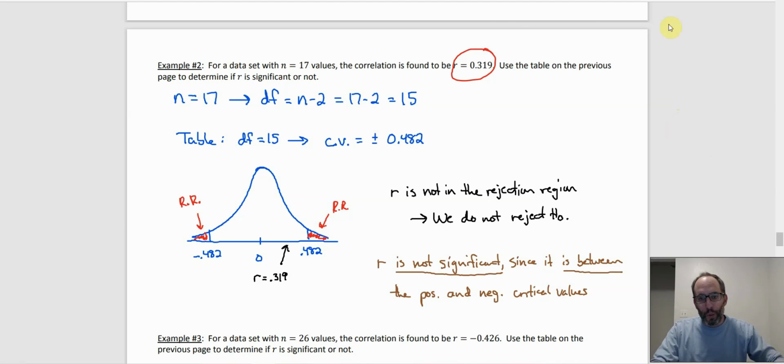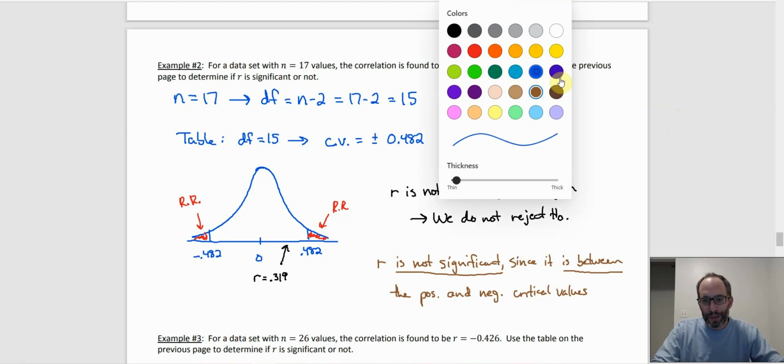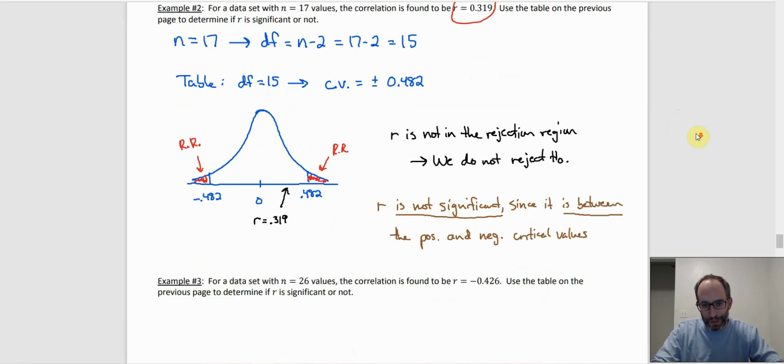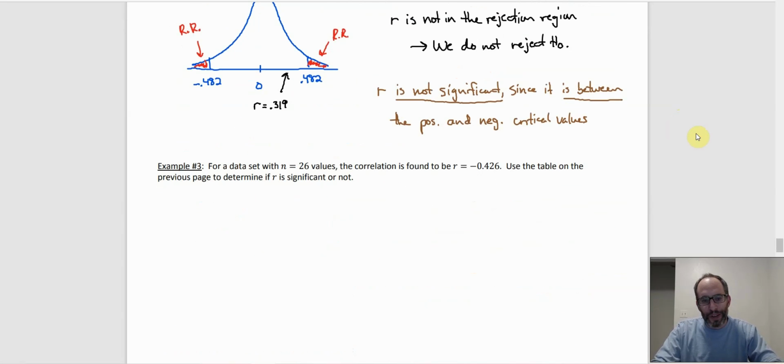Okay, one more. Because the other one, this is kind of the tricky one. So now with 26 values, the correlation is negative 0.426. All right, so then if n is 26, then the degrees of freedom is going to be 24.